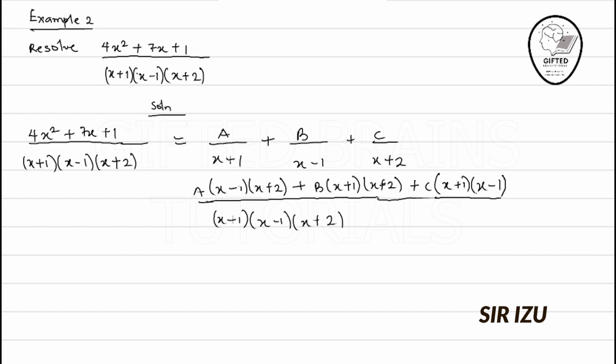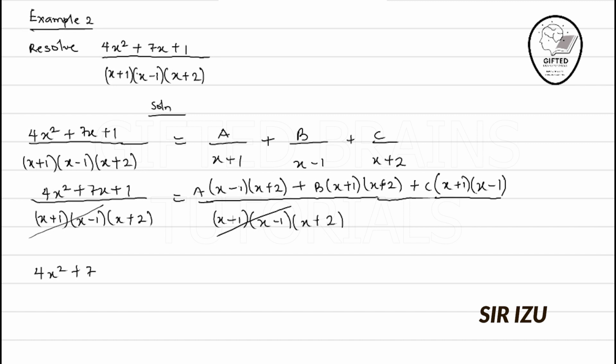So the next thing is to write the left hand side of the equation. Now, after having the left hand side, because the left hand side fraction and the right hand side fraction have the common denominators, we are going to eliminate it. So we eliminate the denominators, and so we have only the numerators left on the left hand side, which is 4x squared plus 7x plus 1. These things shouldn't be equal to, they should be equivalent.